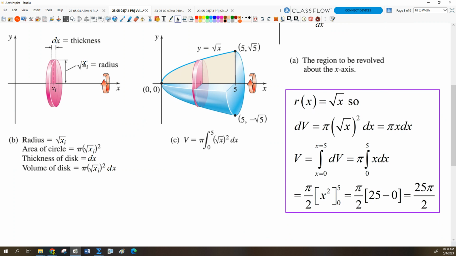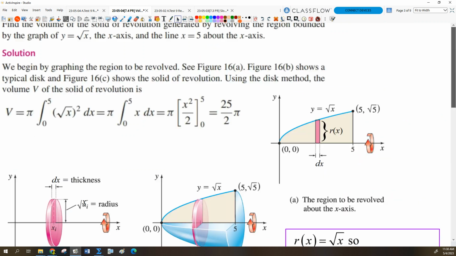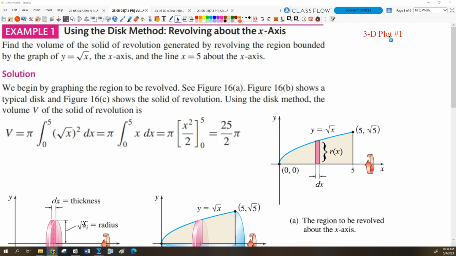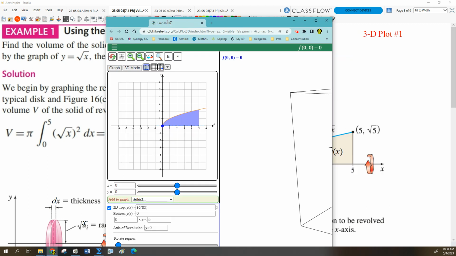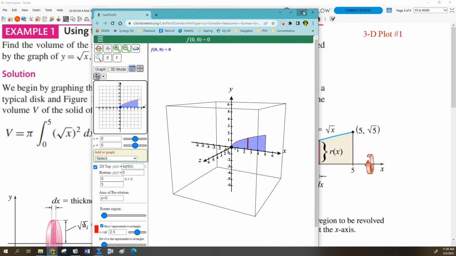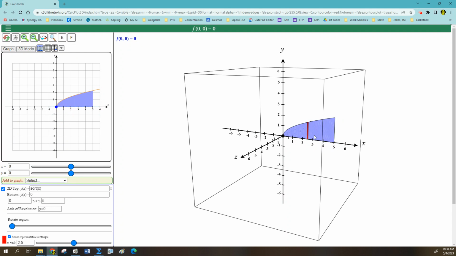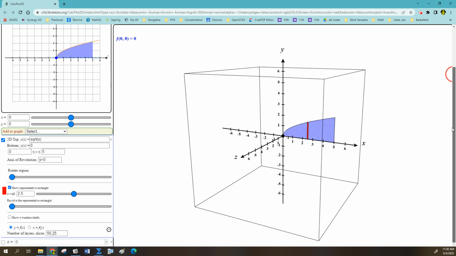So here's what it looks like. There's our function, right? Now let's look at an individual slice first.